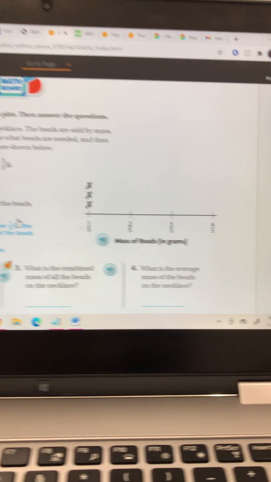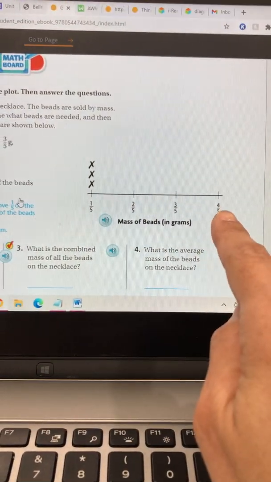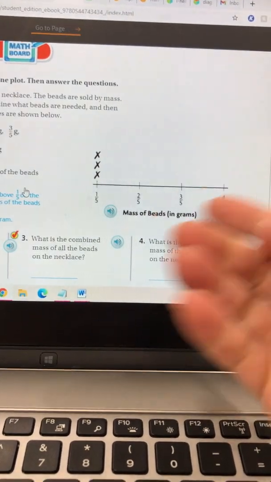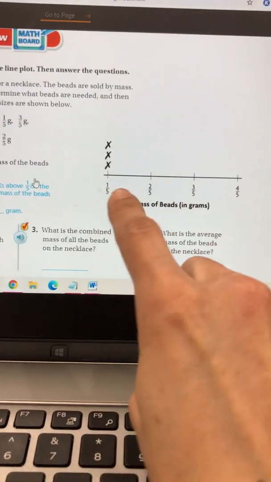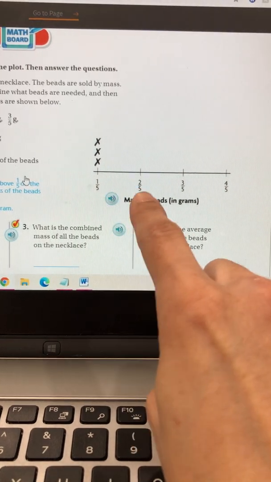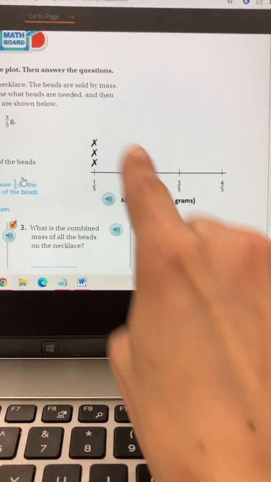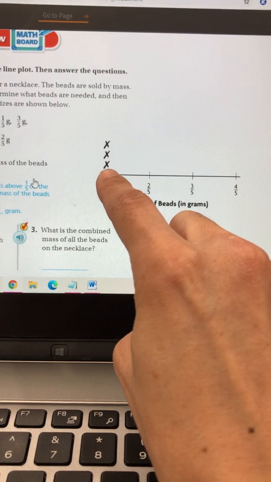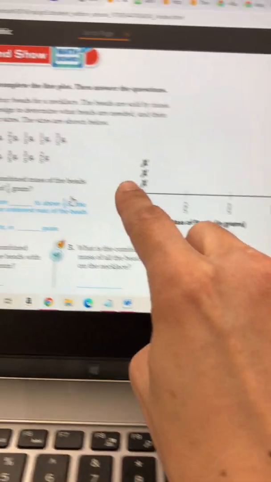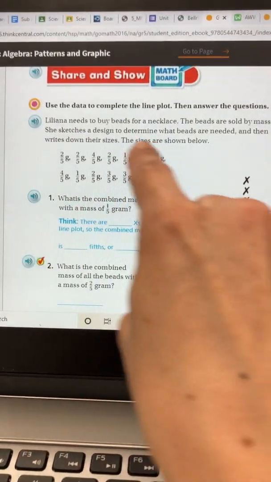However, here's a line plot. A line plot looks like this. It's a line, and we plot the points. That's why it's called line plot. You're given a line with specific fractions in it. Now these x's represent how many times 1/5 is repeated in this sequence of numbers.